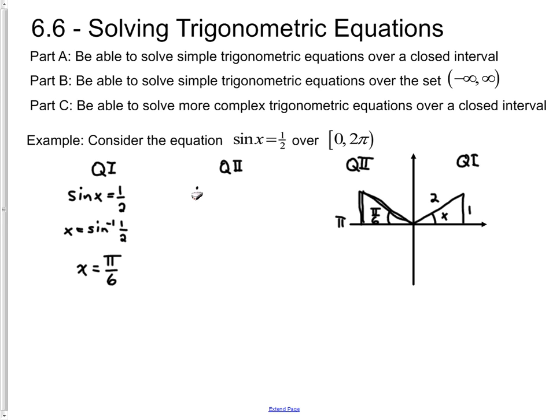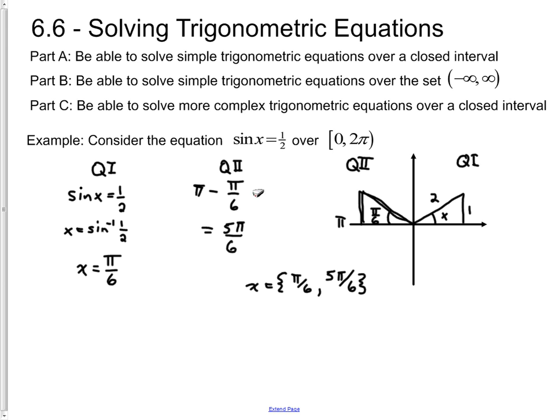And so we can say, well, let's take pi and subtract the angle pi over 6 and see what happens. In this case, that turns out to be the angle 5 pi over 6. And so the two solutions to our equation are contained in the set pi over 6 or 5 pi over 6. And these are the two values on the interval from 0 to 2 pi that make the equation true.